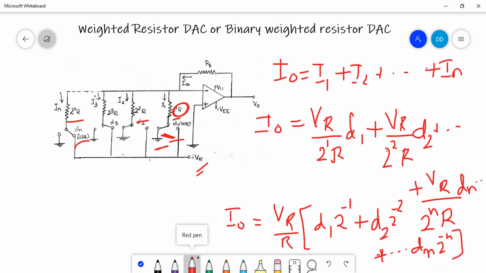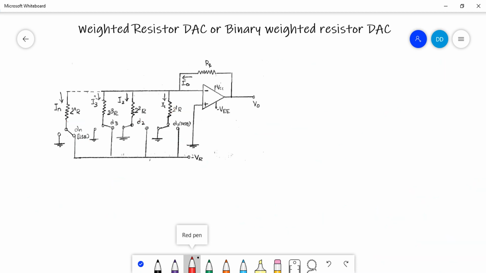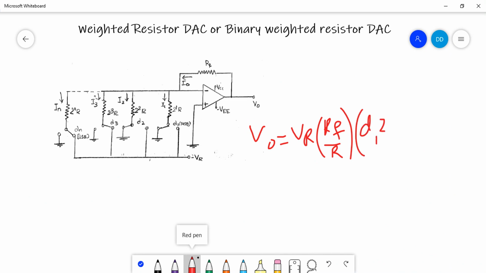This is the output current. So the output voltage V0 can be written as V0 is equal to I0 into RF. If we substitute I0 in this, we will get V0 is equal to VR into RF by R into D1 2 to the power minus 1 up to Dn 2 to the power minus n.